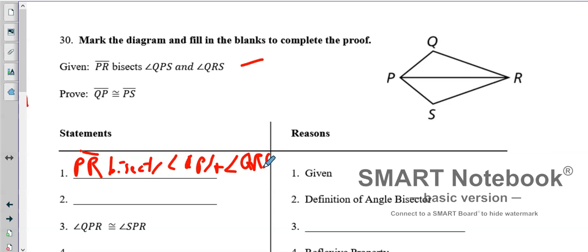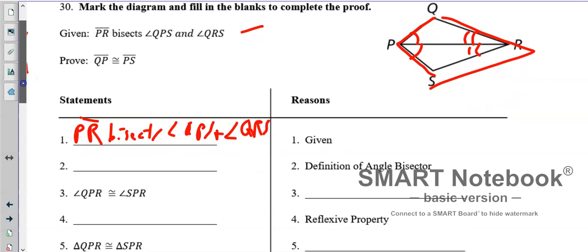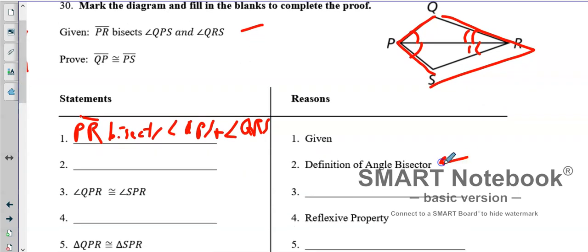So PR bisects QPS. Well, where's QPS? QPS is right here. If it's bisecting it, that means this is equal to that. So we mark it. It also bisects QRS. Where's QRS? Right here, which means this angle is equal to that angle. We mark them. Now we go down to our proof. Notice, definition of angle bisector.